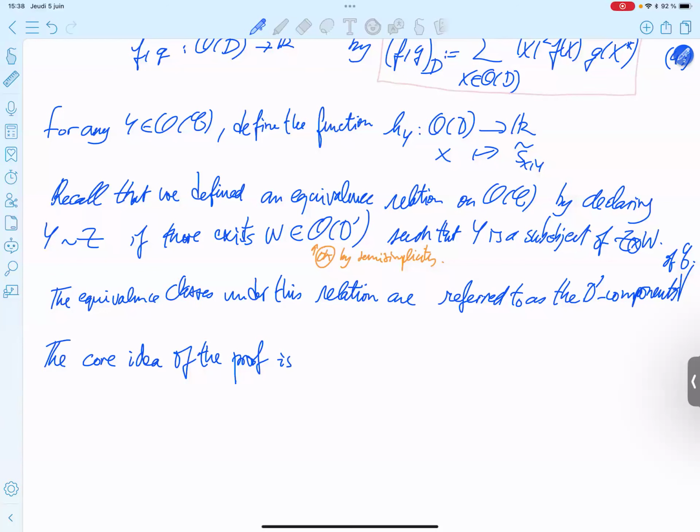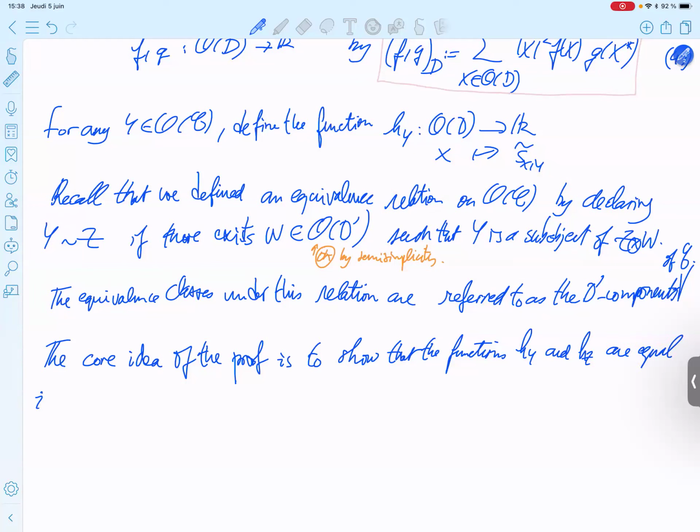So, the core idea of the proof is to show that the functions hy and hz are equal if and only if y and z belong to the same D prime component of the centralizer of D. So this is the first step of the proof, and the second step involves some orthogonality.